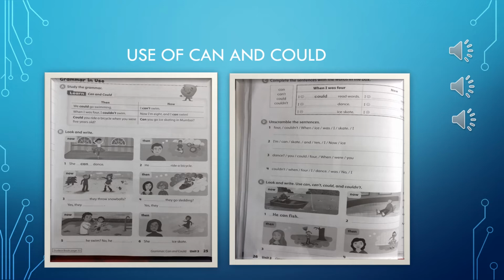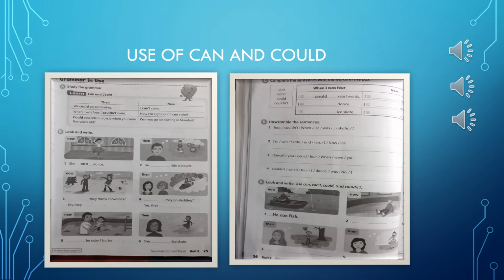Okay, C part is: complete the sentences with the words in the box. You have been given 4 words: can, can't, could, couldn't. So you have been given 2 boxes further.